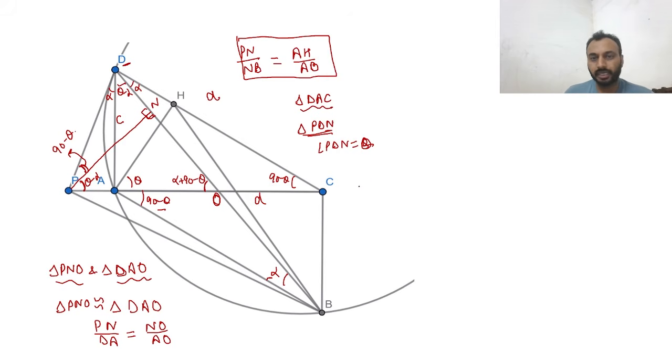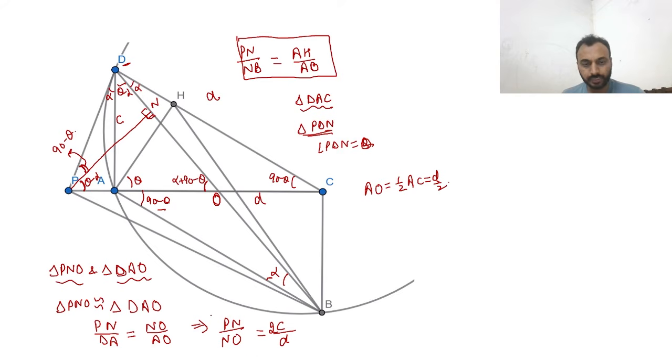As ABCD is a parallelogram, we know that AO is half of AC, which is d by 2. So from here we get PN by NO is equal to DA by AO. DA is c, AO is d by 2, so 2c by d. So PN by NO is 2c by d.